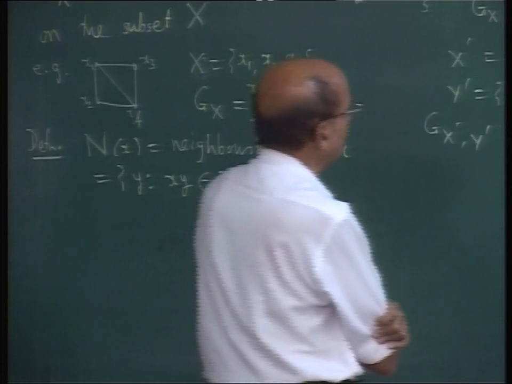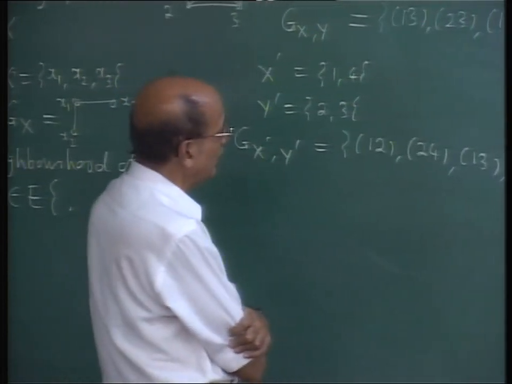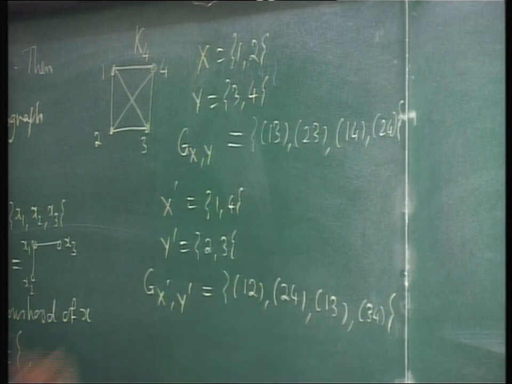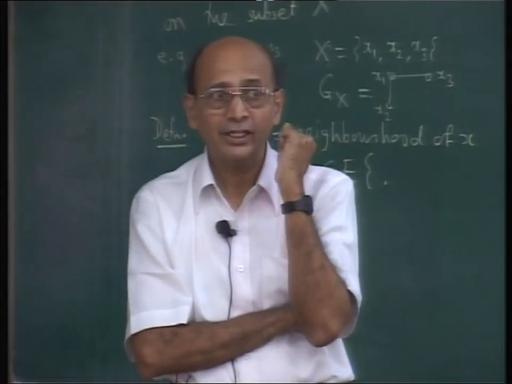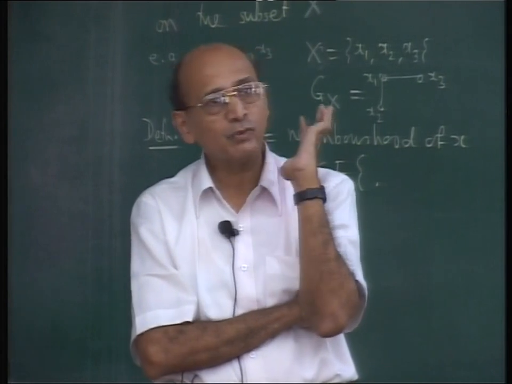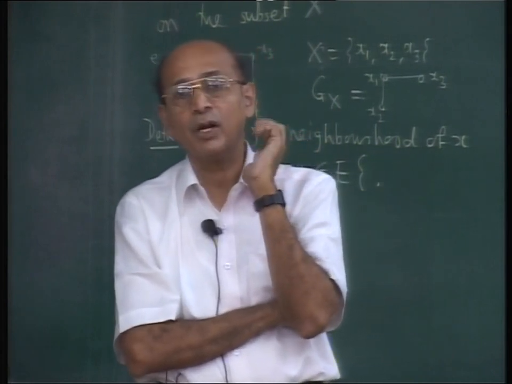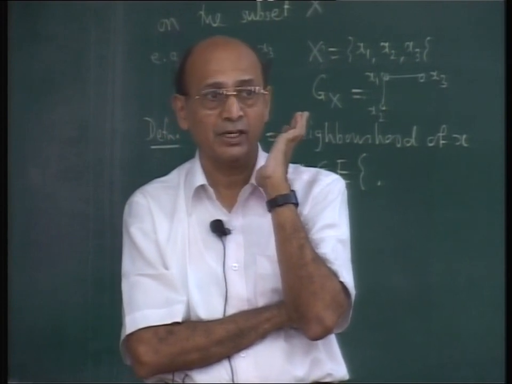There is a repetition here, namely the edge 1, 3 has occurred there as well as here. Any other edge? 2, 4. Yes. So this is not a decomposition. This is not quite a decomposition that we talked of yesterday. You just want to exhaust all the edges using the least number of bipartite graphs.